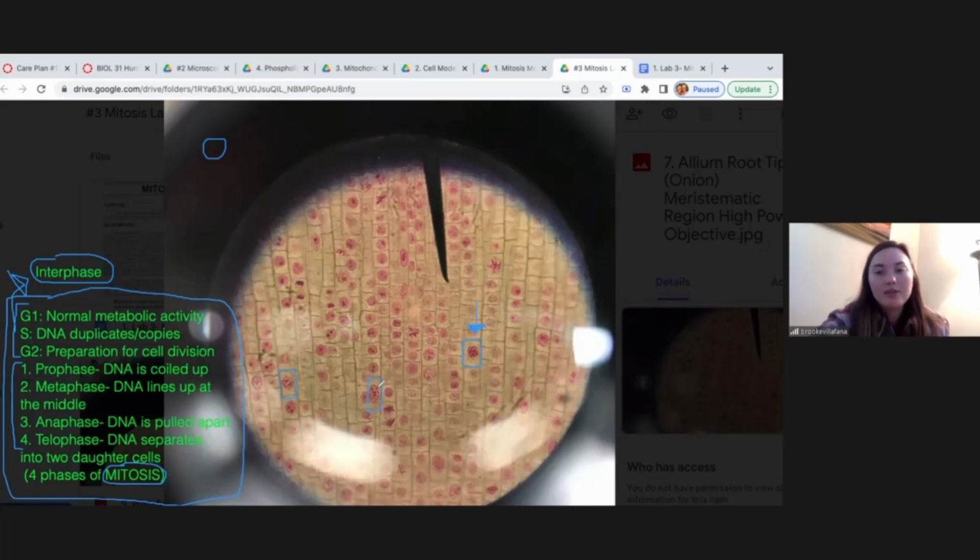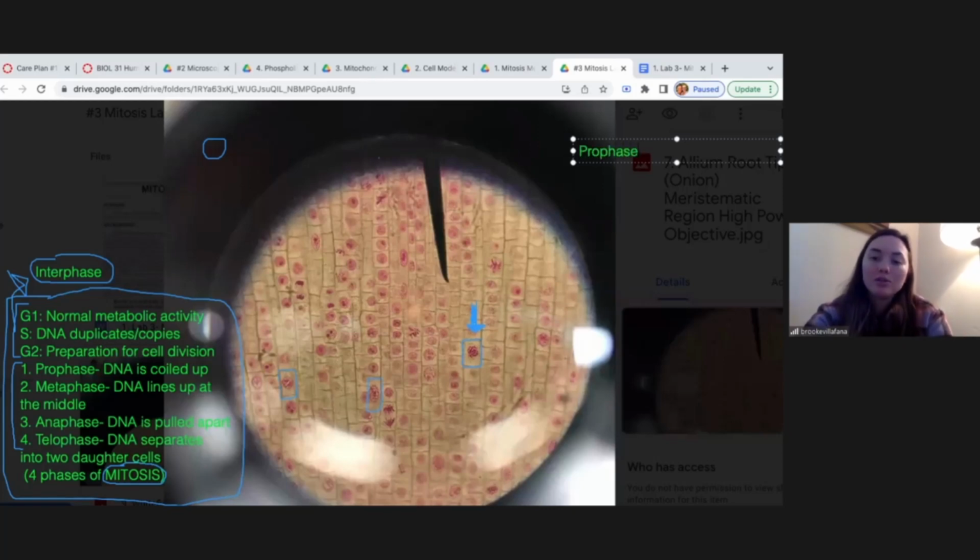I also did these 2 because they're good, but truthfully, the one that we would use on the exam would be something that looked like this. Does that make sense? Because that is a best example of prophase. We're not going to give you weird ones. So prophase, I think it looks like scrambled eggs. Kind of like all scrambled up, coiled up DNA right there.